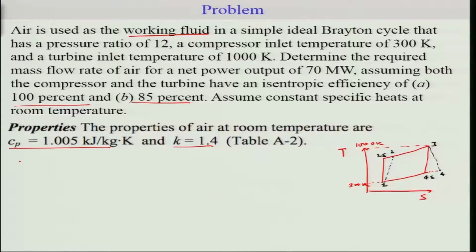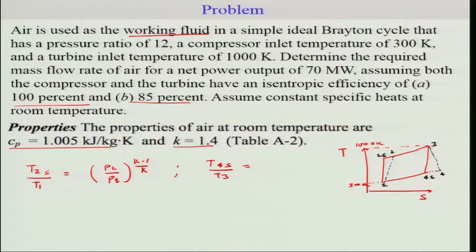So we can start with a simple analysis, and the first thing we are going to do is make use of the isentropic process property. That means T2S over T1 is going to be P2 by P1 to the power K minus 1 by K. From here we can evaluate the other properties, because we know T1.